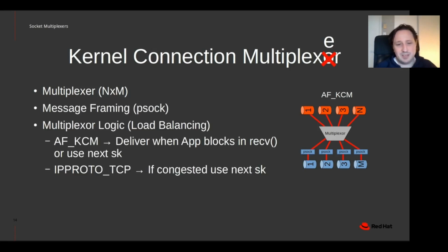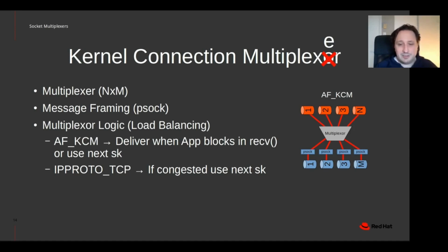And the load balancing logic is mostly like when an application is blocking and waiting to receive something on the socket, it will deliver to that KCM socket. If it's not blocking and waiting for the socket to receive, it assumes the application does something else.